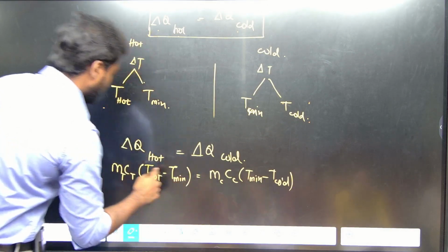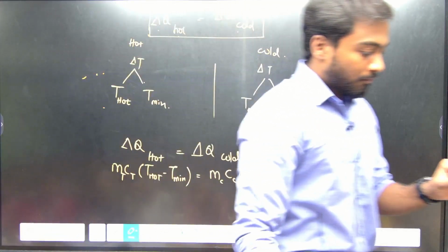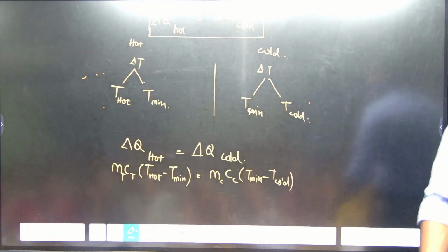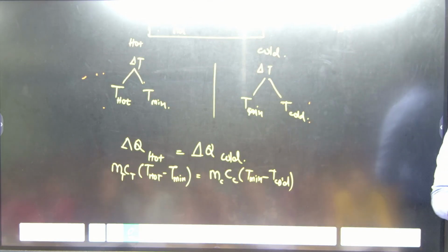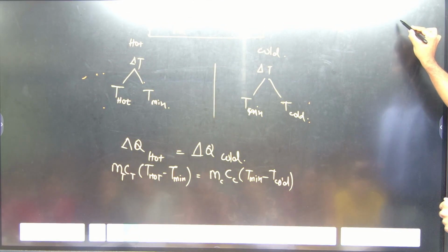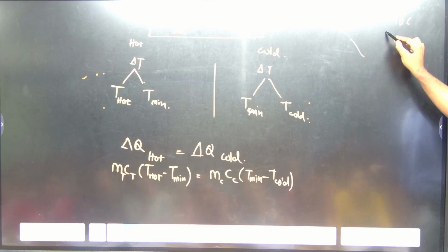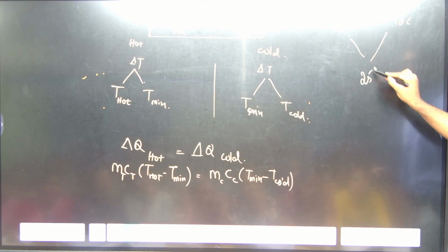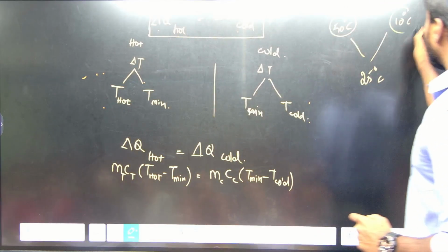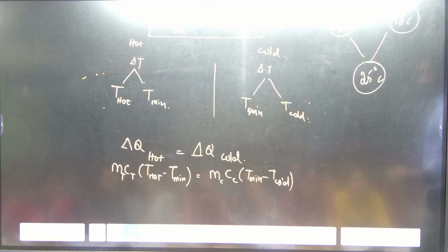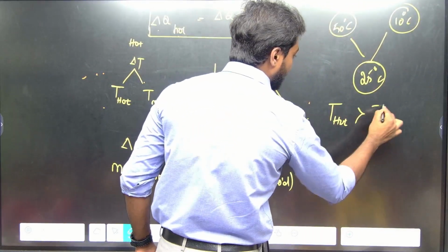Why am I taking T hot minus T mixture and T mixture minus T cold? When I talk about the hot body, for example let me take 50 degrees Celsius, and the cold body is 10 degrees Celsius. If I mix together, it becomes 25 degrees Celsius, for example. This is hot, this is cold and this is mixture. Can I say that the temperature of the hot body is greater than the temperature of the mixture?